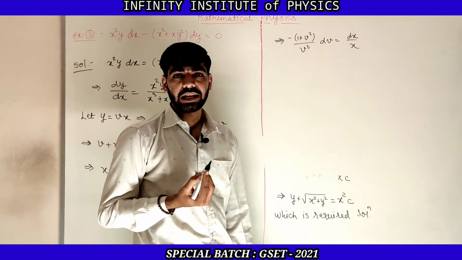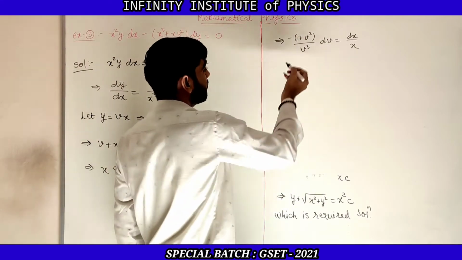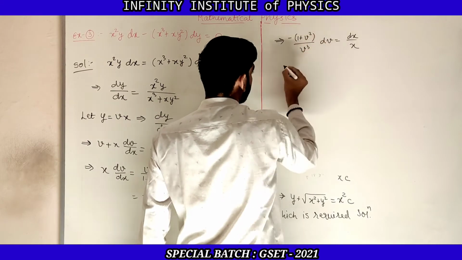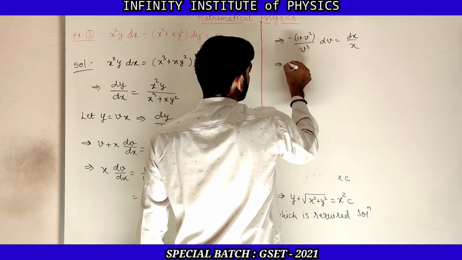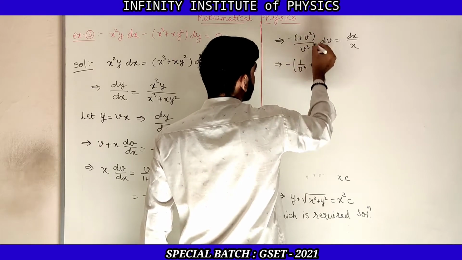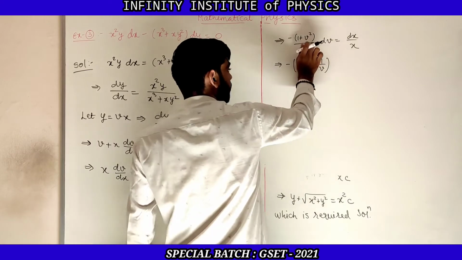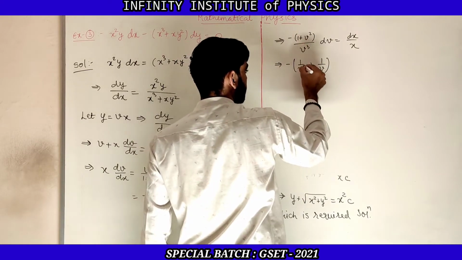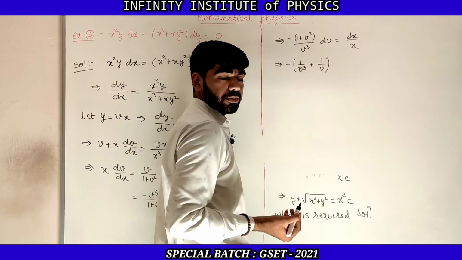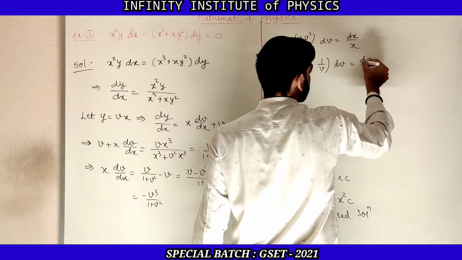But directly there is no formula by which we can integrate this term. So what we are doing is dividing by v cube in this particular term. So this is minus of (1 upon v cube plus v square upon v cube, that is 1 upon v) dv, which is equal to dx upon x.